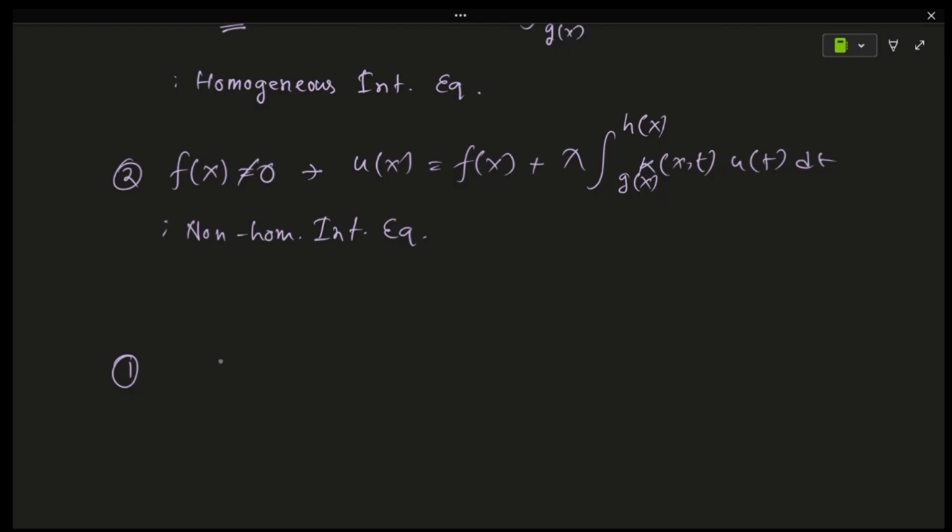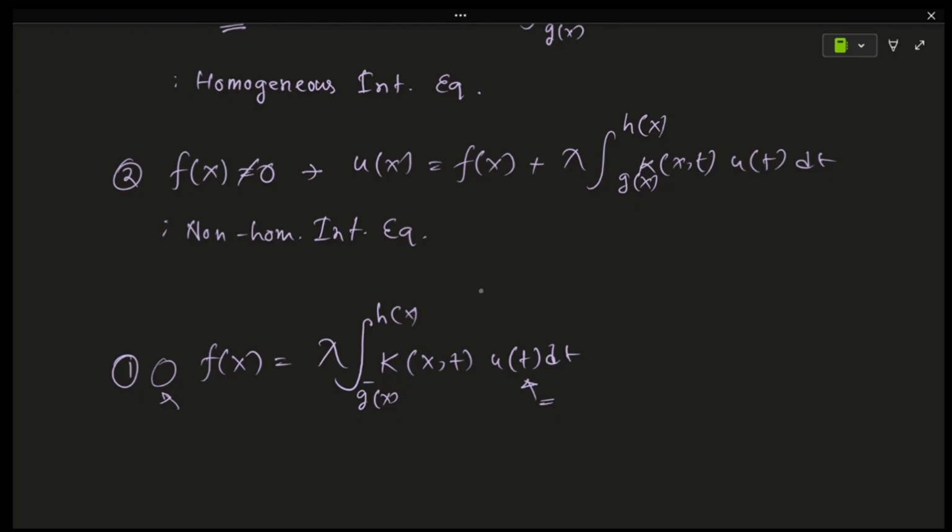If the equation looks something like this, we put in the limits here, and then we write the kernel. We see that the unknown function is just inside the integral, and there is no u of x outside, which we used to have before. If this is the structure, this is known to be the integral equation of the first kind.